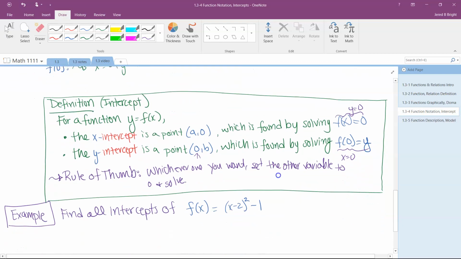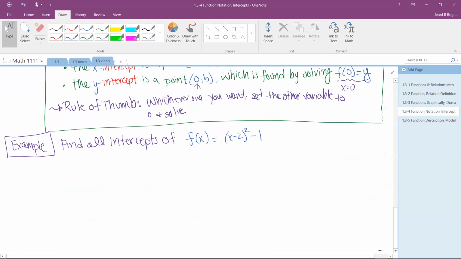If we want to find the intercepts of this function, I'm going to do the x-ints and the y-ints. The y-intercept is going to be super quick. This one means x is 0, so f of x really is y. I say y is equal to 0 minus 2 squared minus 1, and when I crank this down, I get 3. So the y-intercept is the point 0, 3.